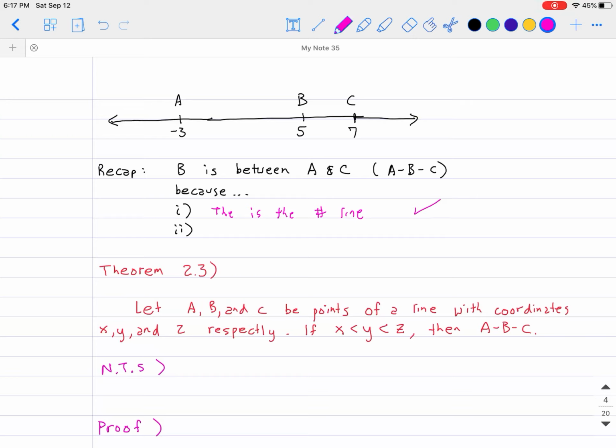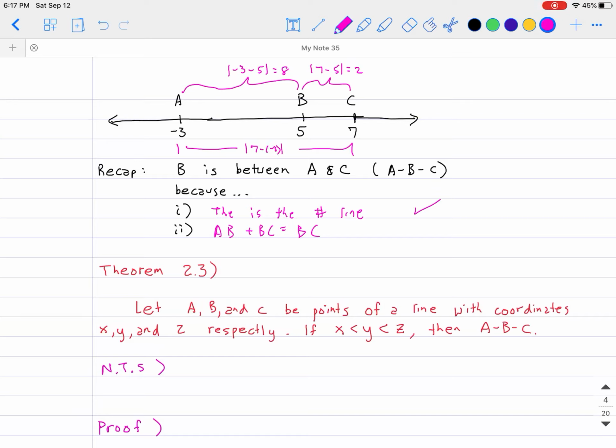Then the second part is I need to show that AB plus BC is equal to AC. Let me write that out. AB plus BC is equal to AC. Here you can see that AB, the length of it, is going to be equal to the absolute value of -3 minus 5, and that's going to be equal to 8. Then BC is going to be 7 minus 5, which is equal to 2.